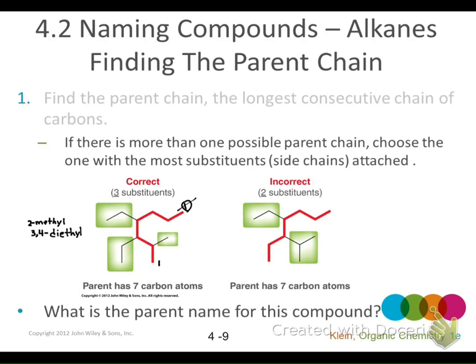And then you get to put the whole thing together. Now, for the purposes of alphabetizing the name, you don't use this di prefix. You're only going to use the M and the E. So if you're like me, whenever I alphabetize things in the back of my head, I'm always singing A, B, C, D, E, F, G, H, I, J, K, L, M, N, P. So what comes first?